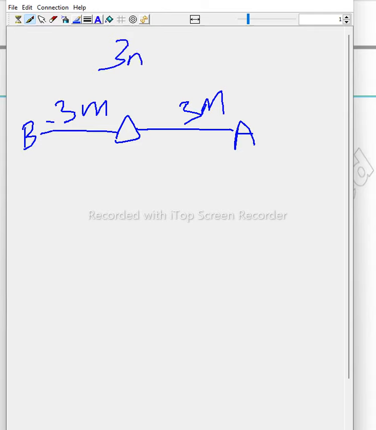So if the distance between B to C, let us say this is C, is -3 meters, there is no -3 meters. When we measure from here to here, it will be 3 meters. Again, the distance between A to C is 3 meters.